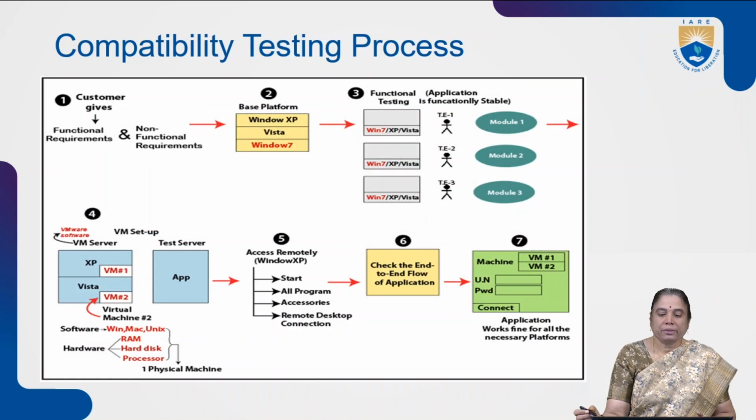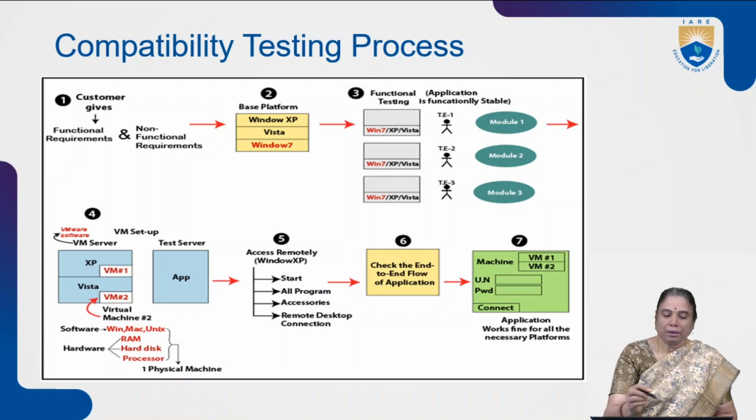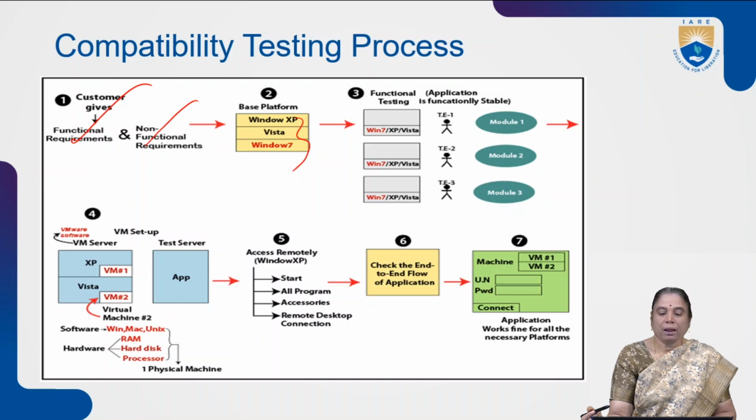How can the compatibility testing process be conducted? The customer gives the functional requirements and non-functional requirements. Those requirements are gathered and documented in the SRS. The platforms must be selected. A variety of operating systems must be considered, such as Windows XP, Vista, Windows 7, etc. Functional testing must be incorporated on these operating systems.